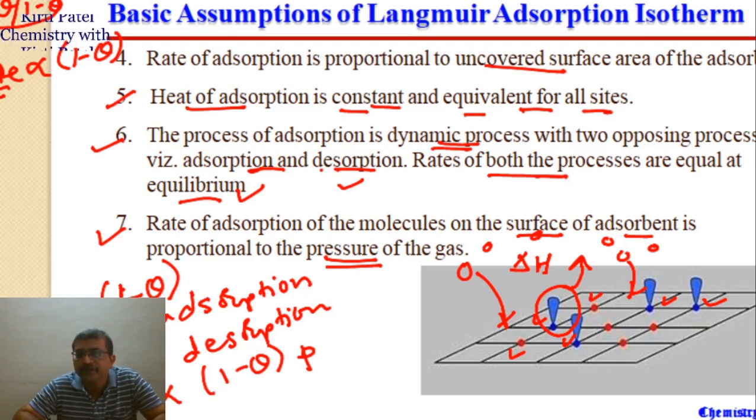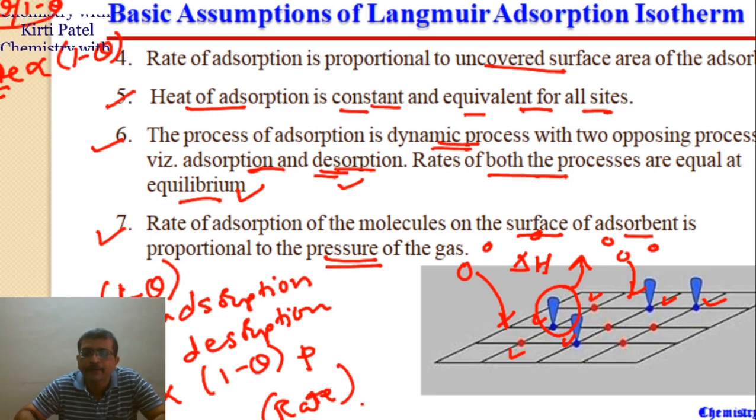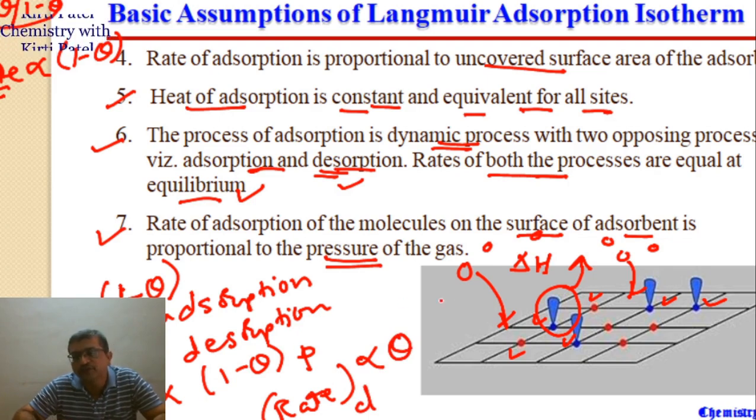Similarly, when we consider the desorption rate, it should be proportional to the area which is covered, because those molecules which are already present on the surface, only they can move out. So the desorption process will depend on how many sites are occupied, and from that, how many can be taken outside.